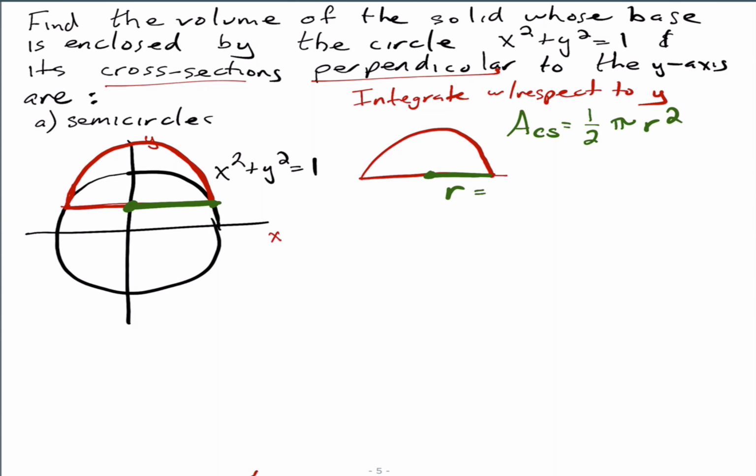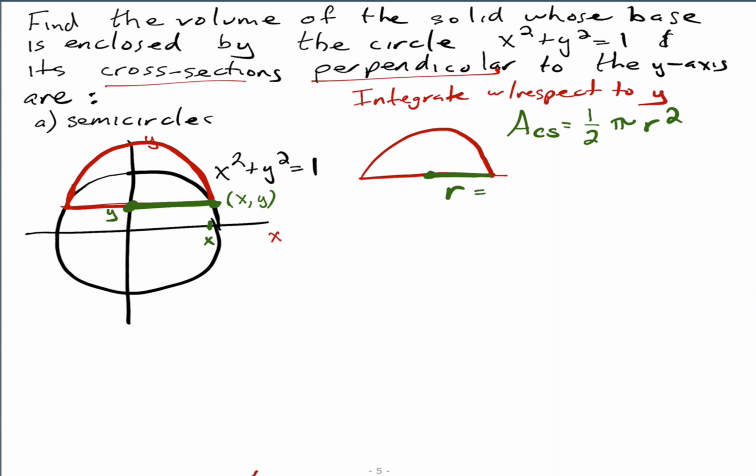So if you know that x squared plus y squared equals 1, what is the length of that line? It's not always 1, because it's changing, right? So that is just one cross section that you're going to use as a template. So this is at some point x comma y. Like this is some x value here, this is some y value here, but you need to be able to relate the point to the length that you're looking for, which in this case is the length of that green line that I drew, the radius.